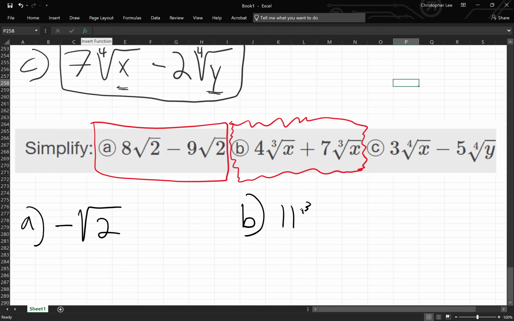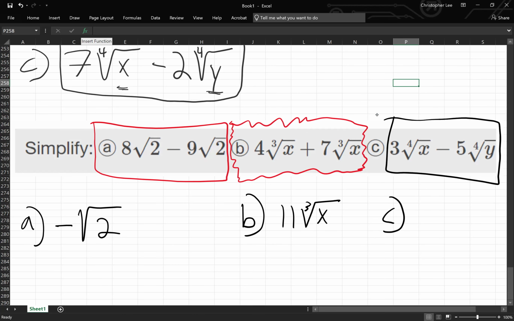Cube root. Or you could say the third root. Of x, right? What about C? A little bit harder. Right. That's the answer. Why is that the answer? Right. You're not like terms.